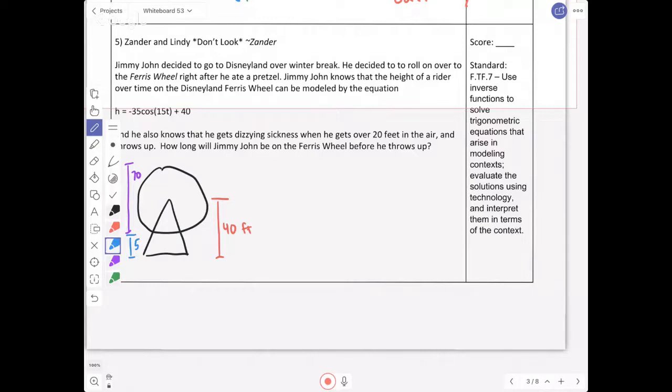And he wants to know how long it'll take before he gets 20 feet in the air. So when does the graph of this function, negative 35 cosine of 15t plus 40, equal 20, which is, in terms of our scale here, not very much to scale, but clearly before the midline, this is 20.